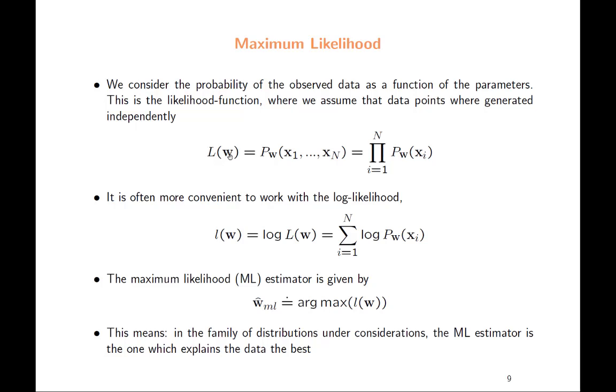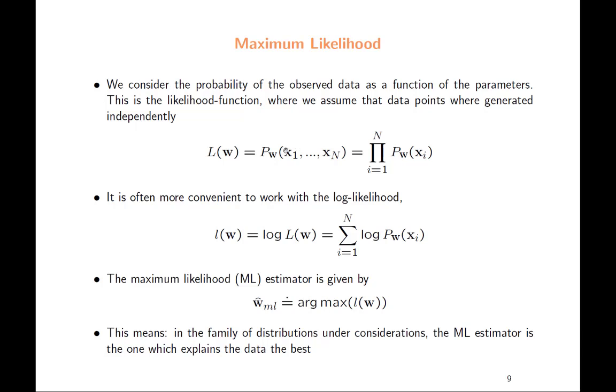The likelihood is simply the probability of the data given a certain parameter value. And the maximum likelihood principle simply says pick the parameter vector W which explains your observed data the best. You can use a few tricks here. The first one is to assume that your data was generated independently.